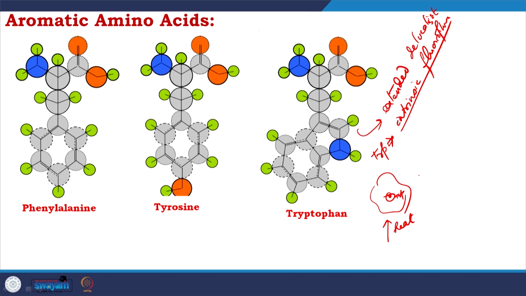The protein would open up and tryptophan would get access to the water, so its fluorescence would be quenched.